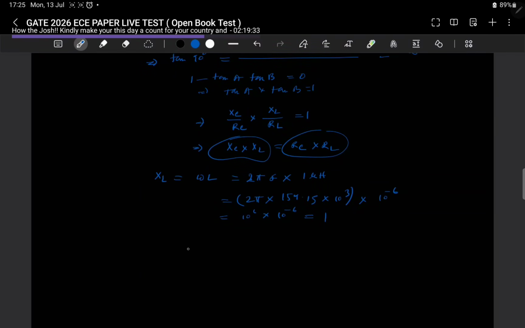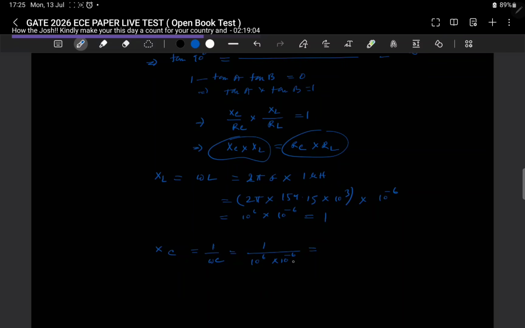So now xc is 1 by omega C. So it will be 1 by 10 to the power 6 into 10 to the power minus 6, because omega we have already got earlier.